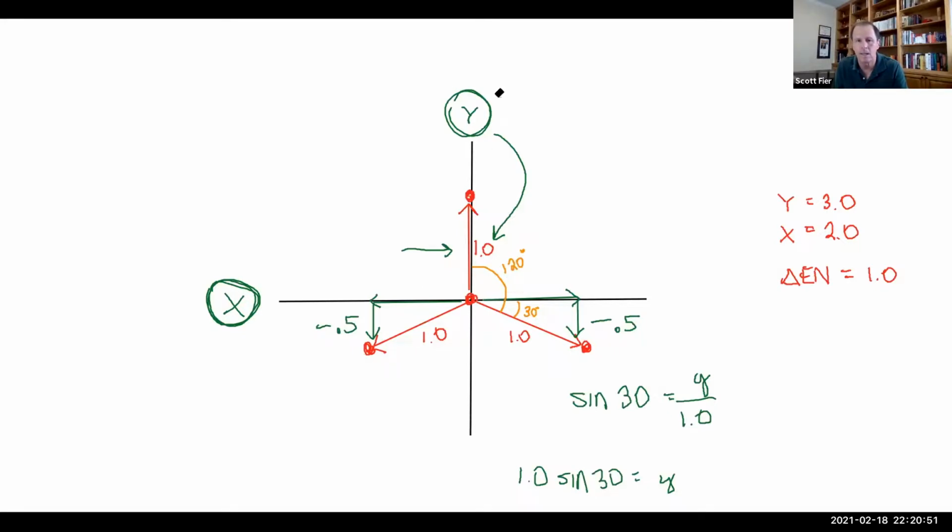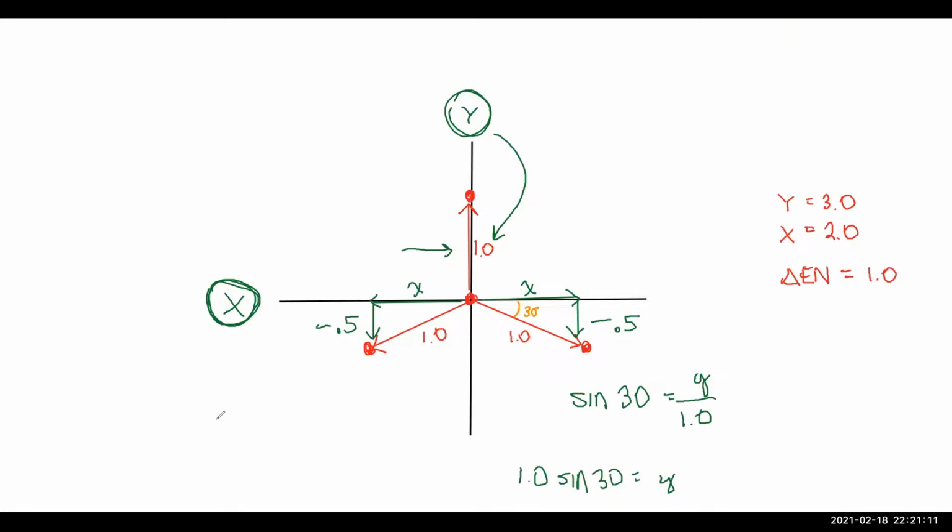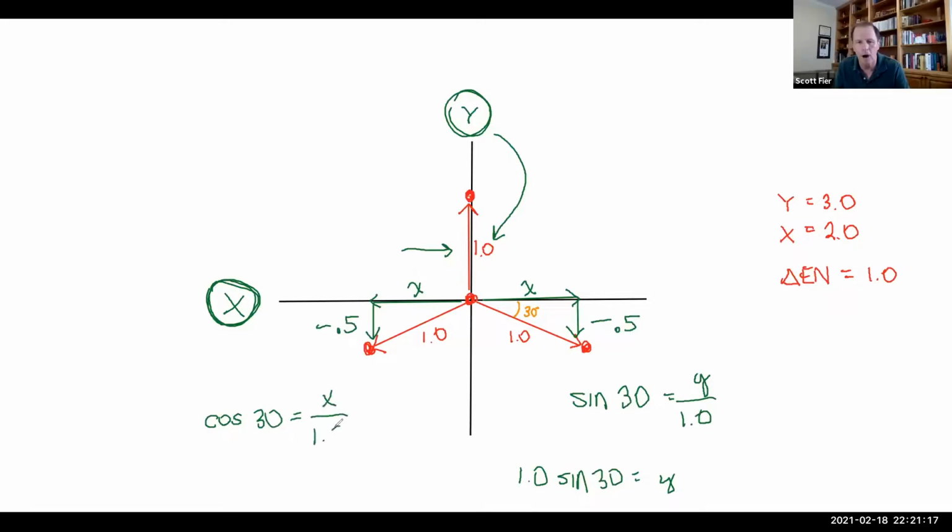Okay? Now, let's figure out on the x direction what the value for these two values of x are right here, because they're the only way the vectors are pointing left and right. How do you get this value of x right here? Cosine of 30 degrees times 1. Cosine equals adjacent over hypotenuse.